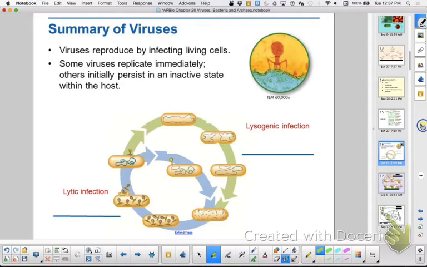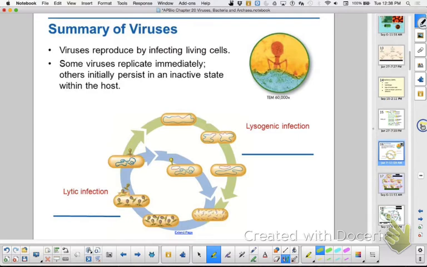Which one would you classify as quick and dirty? Lytic. Because in the lytic cycle, you go through those APBio, mister stages right away, lyse the cell, release, and move on to your next cell.